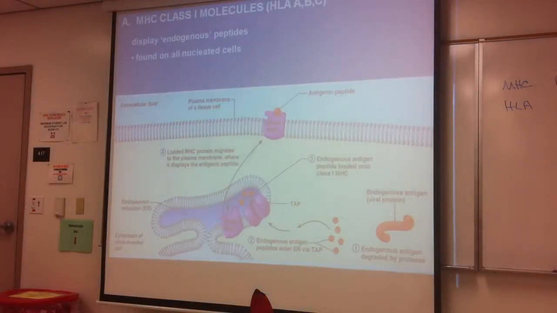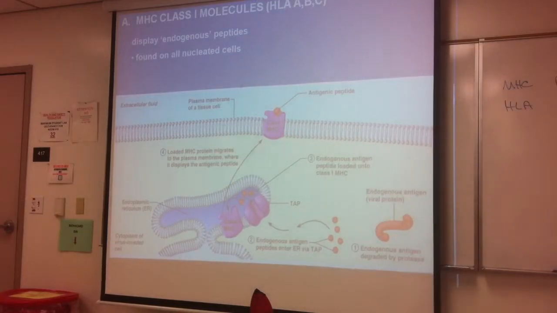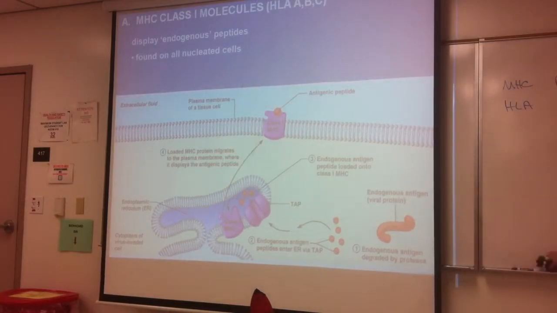That video's not working, so let's move to the next one. There are two classes. I'm just going to use the term MHC. I just want you to know what HLA stands for and that the terms are interchangeable. There are two classes of major histocompatibility complex molecules, class 1 and class 2.